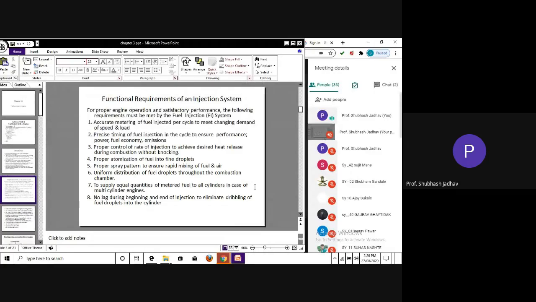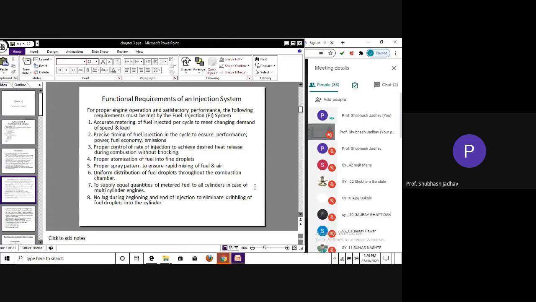The last point we have to ensure is no lag during the beginning and the end of the injection. When the fuel comes out of an injector, the start of the injection has to be very sharp, and the end also has to be very sharp. Suddenly it should start and suddenly it should end.